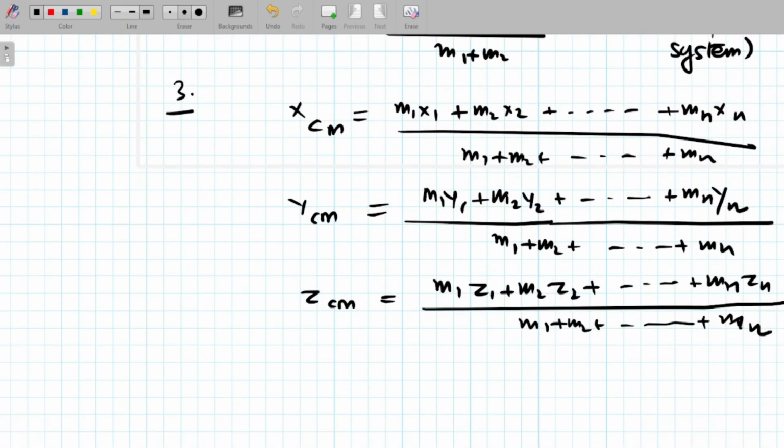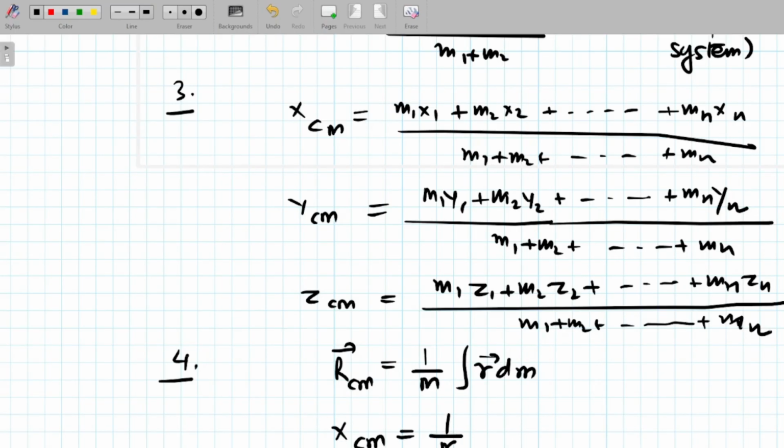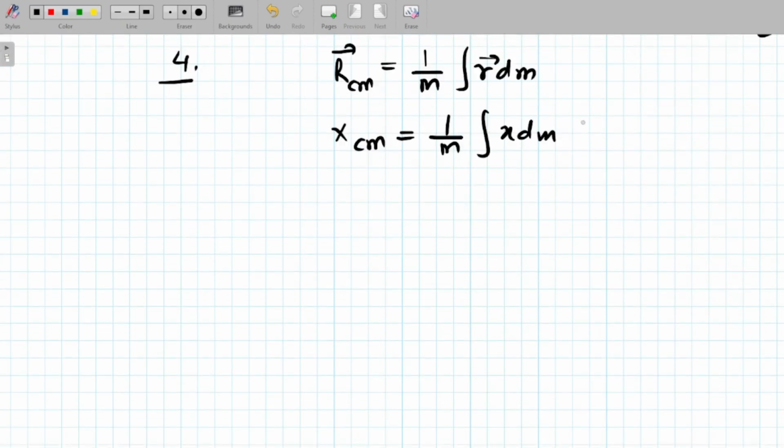And then for a continuous mass distribution, what were the formulas? You could write RCM as 1 upon capital M integral of R dM. Will you remember it? We will see it with questions. Similarly, XCM is 1 upon capital M integral of X dM.